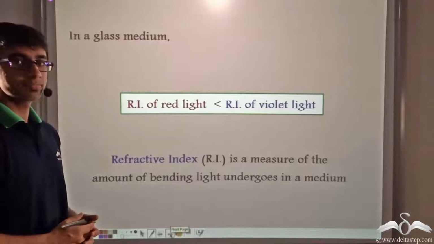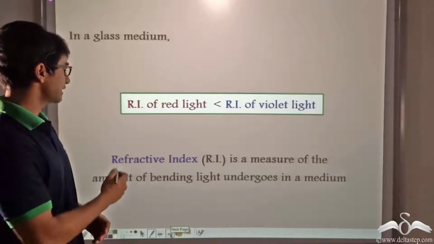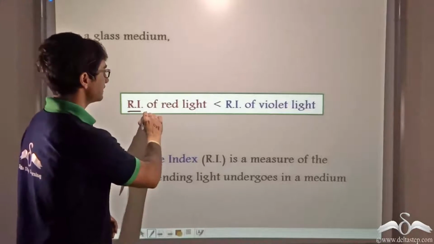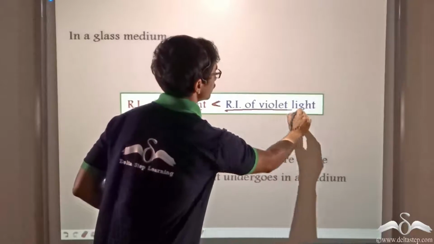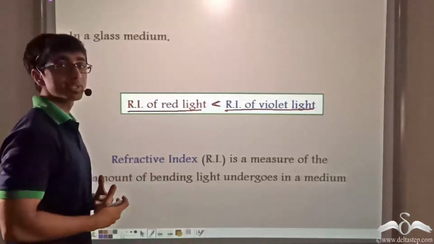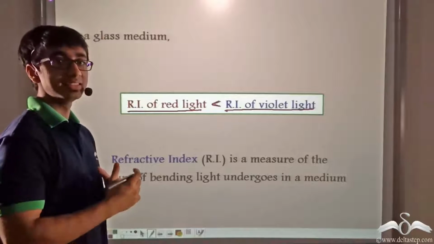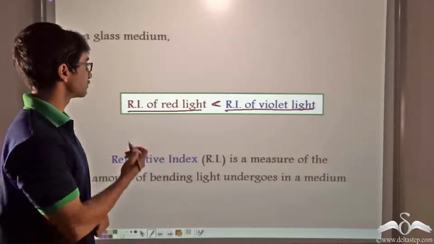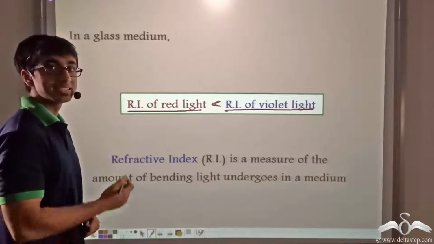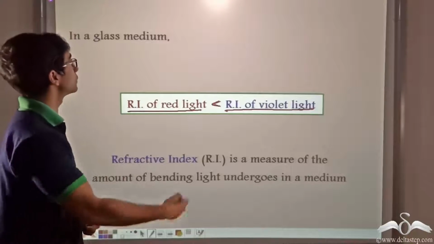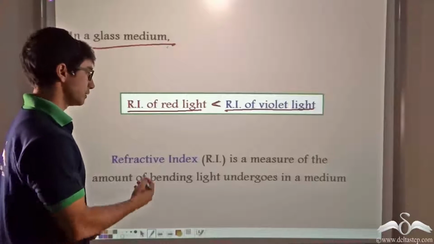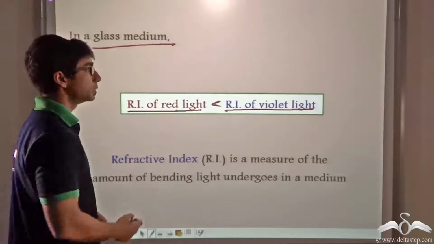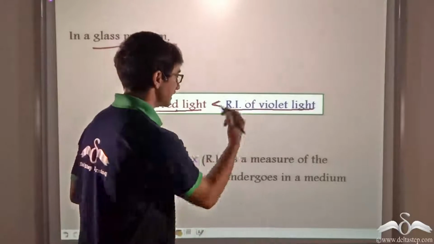Now, if you recall, we had studied that in a glass medium, the refractive index, which is less for red light than that of violet light, influences the bending of light in that medium. So since the refractive index of red light is less than that of violet light when we are considering glass medium or any other medium, we can say that red light will bend less than violet light.